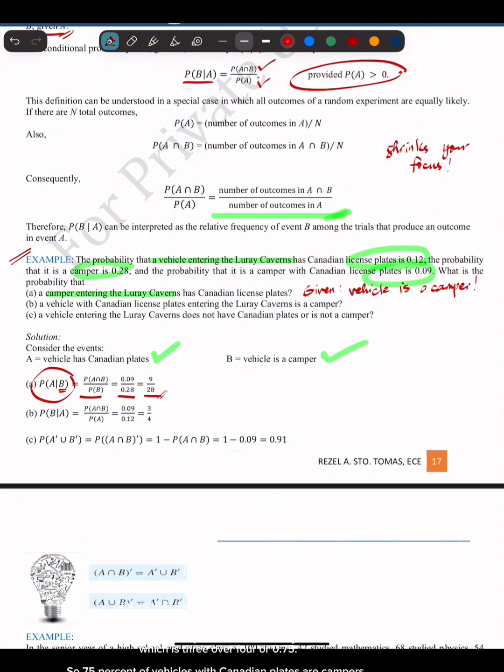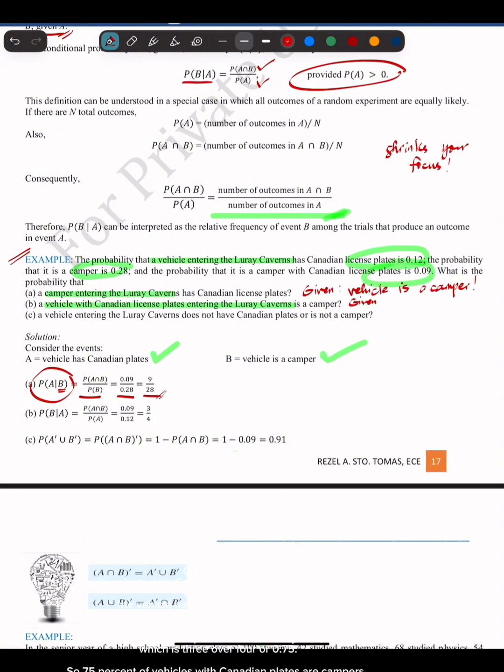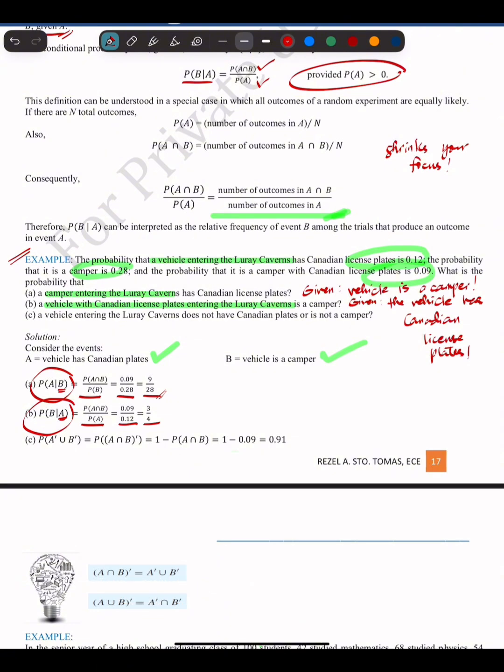Question B. From the phrase "a vehicle with Canadian license plates entering Luray Caverns," we know that the vehicle has Canadian license plates. Given that, what is the probability that it is a camper? P of B given A equals 0.09 divided by 0.12, which is 3 over 4 or 0.75. So 75% of vehicles with Canadian plates are campers.